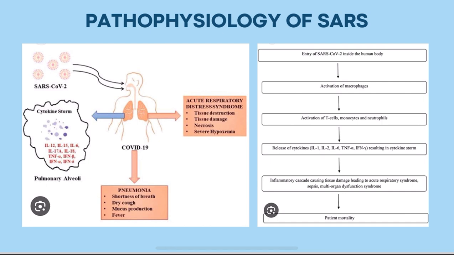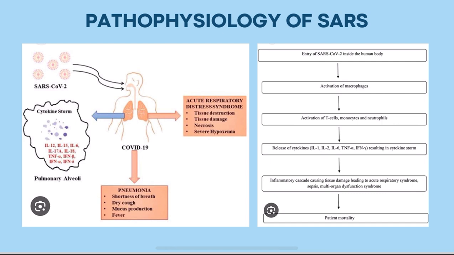They become activated and they release the inflammatory mediators. So we see that these macrophages are the phagocytic cells. As soon as the virus enters into the body, these macrophages play a key role. And they will trigger the receptors which are present on the macrophages by activating the various inflammatory cytokines.